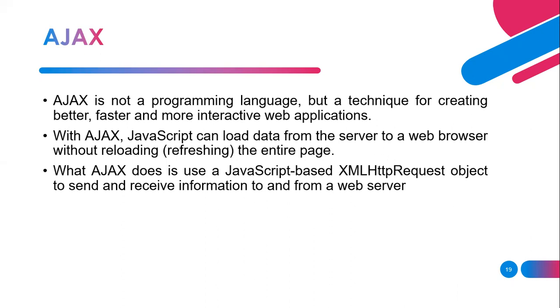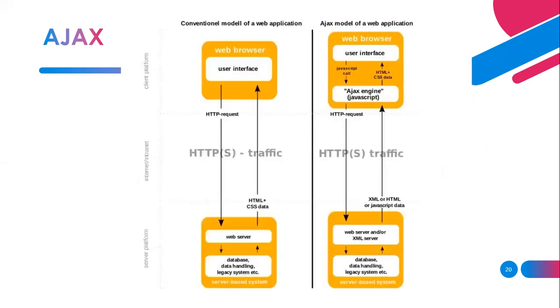So what Ajax does is use a JavaScript-based HTTP request object to send and receive information to and from a web browser. This is usually our web page. When we open the web page in the browser, the browser will send the HTTP request to our web server.